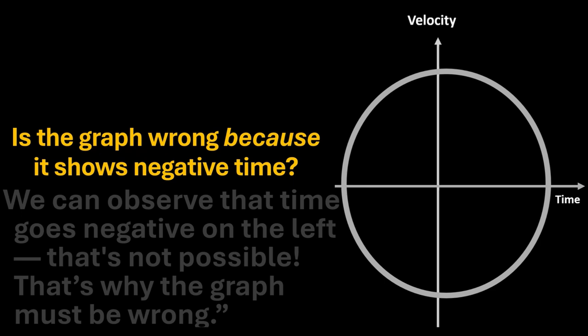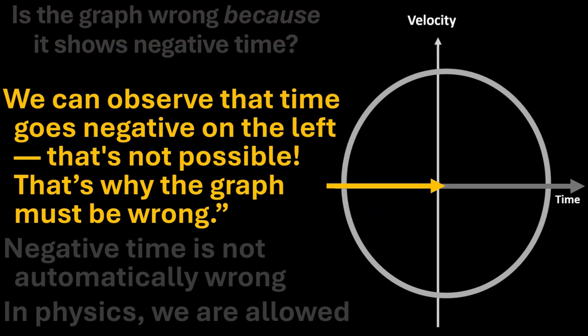It might seem to be correct at first, but if you dive further into the concept of time t equal to 0, we can observe the time goes negative on the left side here, on the left axis of time. That's not possible. That's what we're trying to think.